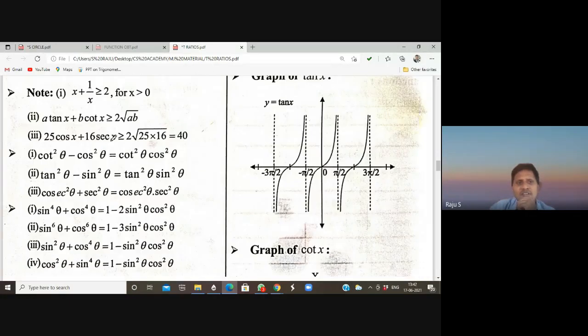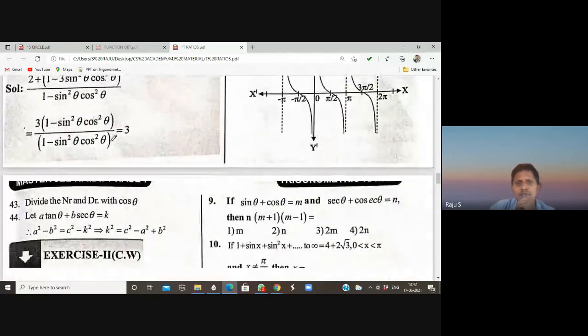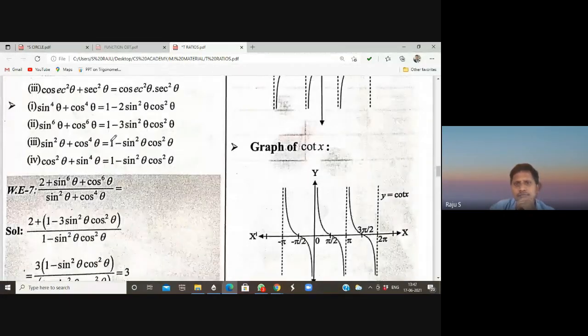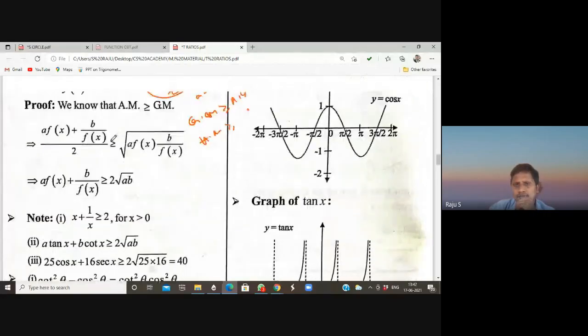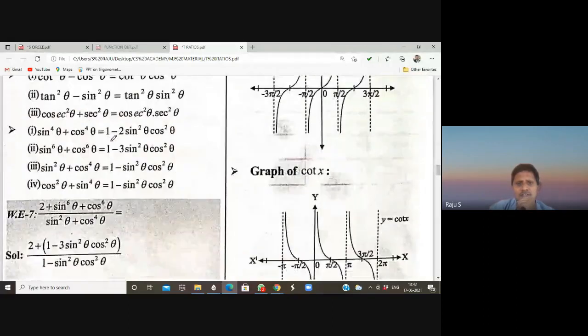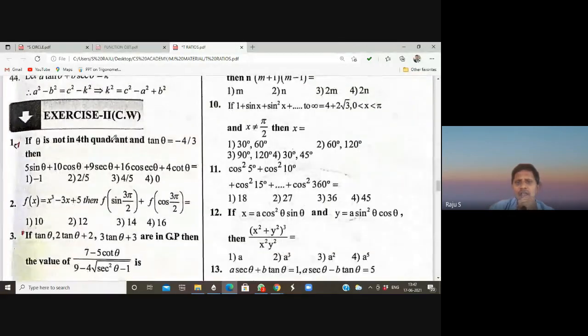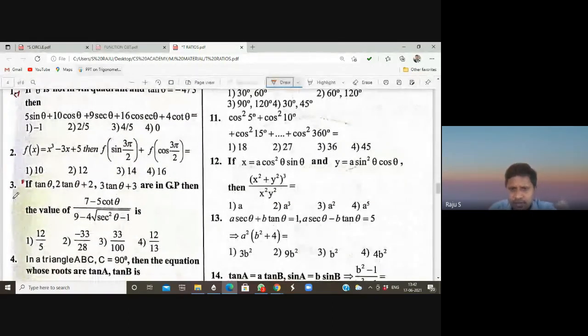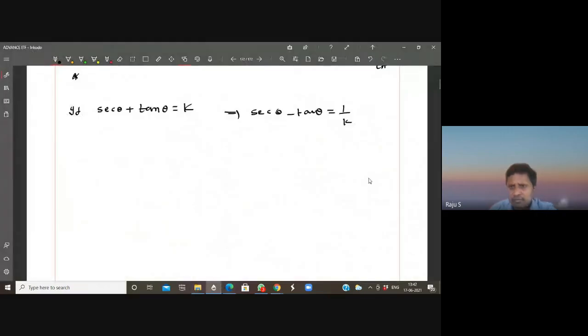So, graphical representation, coming to here, we have seen already till 10. Secant is, I think, not there here. Anyhow, first we'll go for the secant x graph.